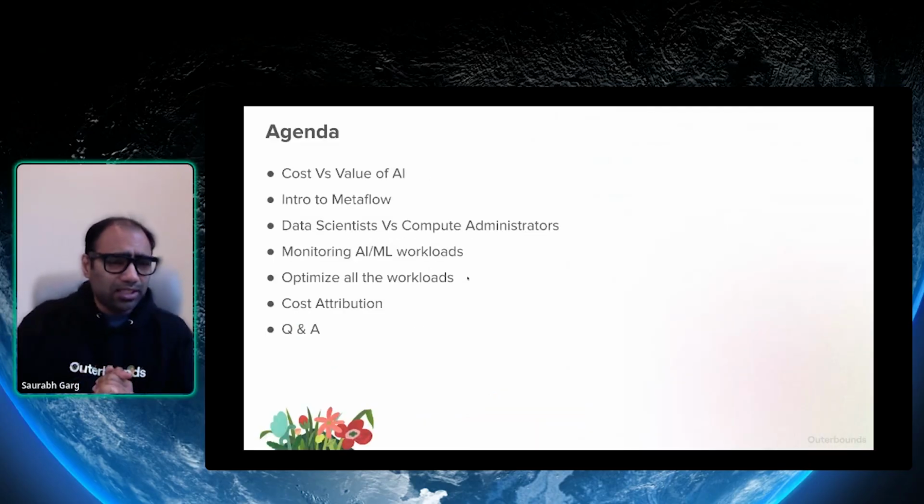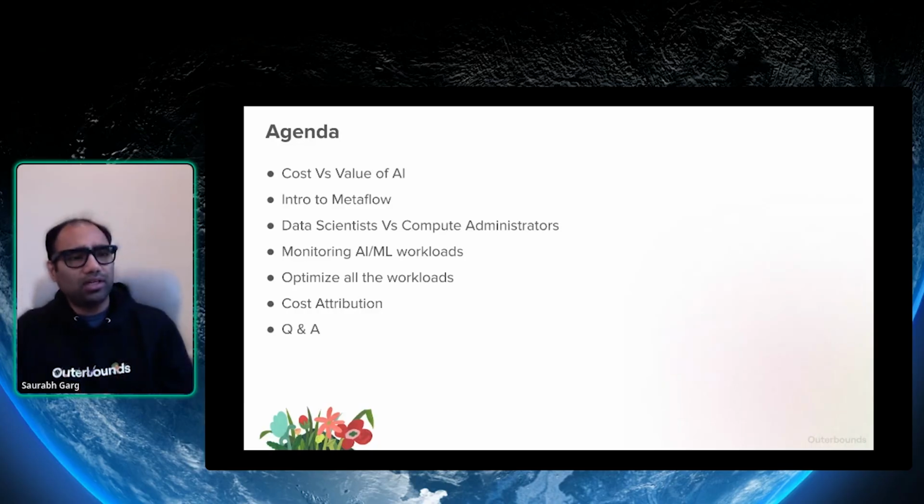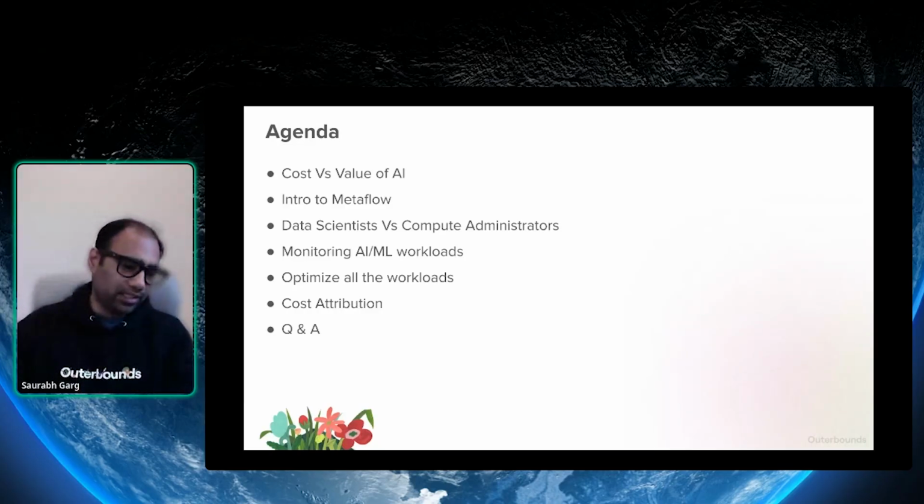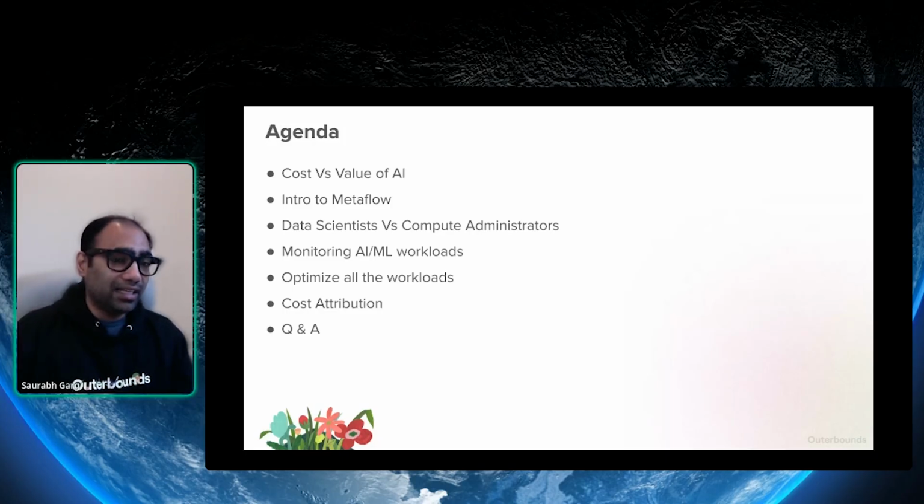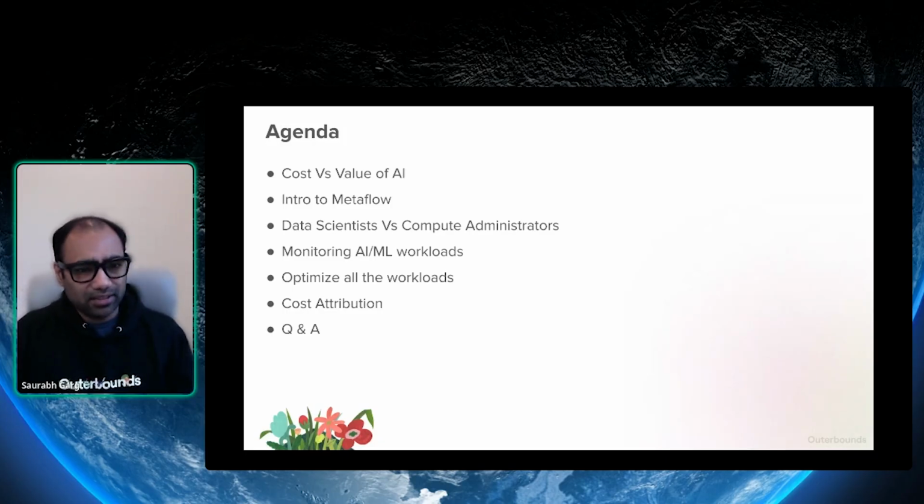So what is on the agenda today? We are going to talk a lot about cost versus value of AI and how it threads through into some of the more common problems that data scientists and compute administrators deal with on a day-to-day basis, specifically from the perspective of resource management.